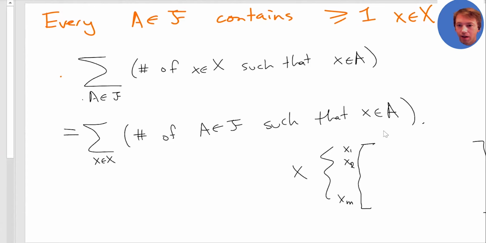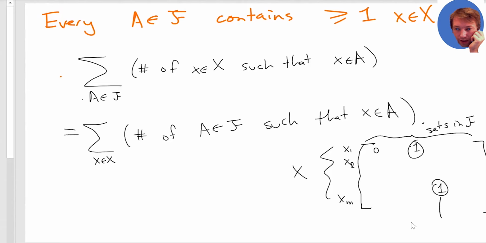And here I write the sets in F. You put a 0 if the element is not in the set, and a 1 otherwise, so a 1 in the xi, A position means that xi is in A, and a 0 means that it's not.